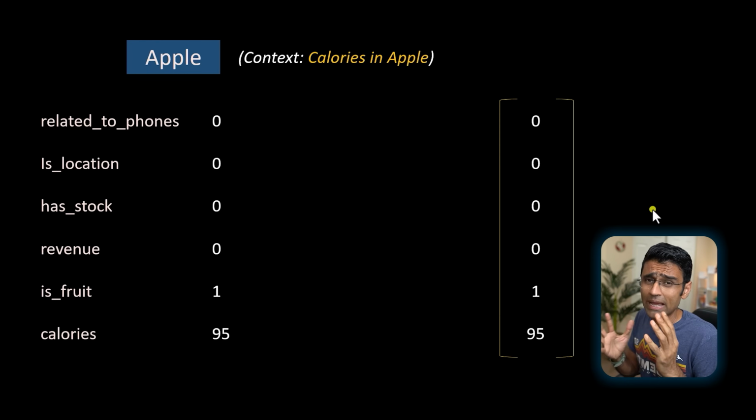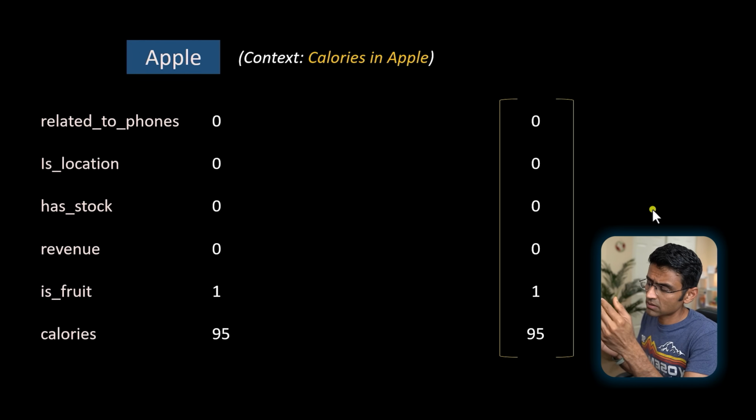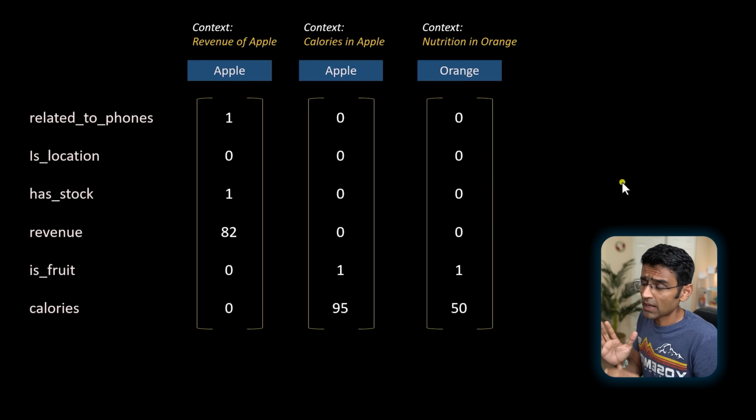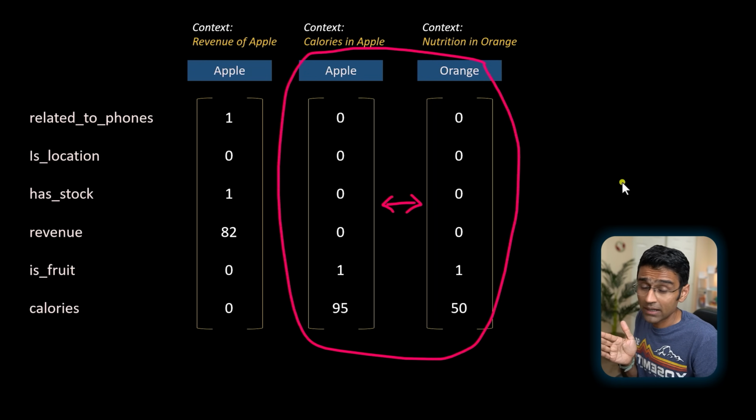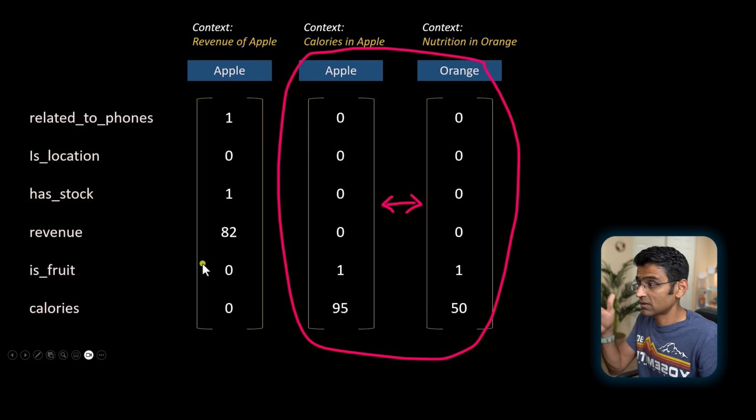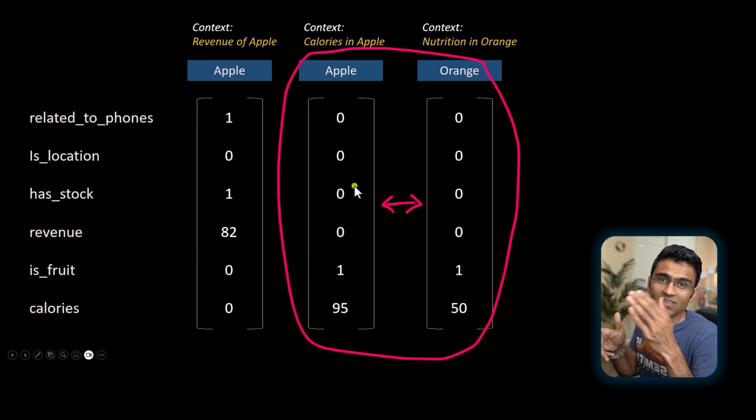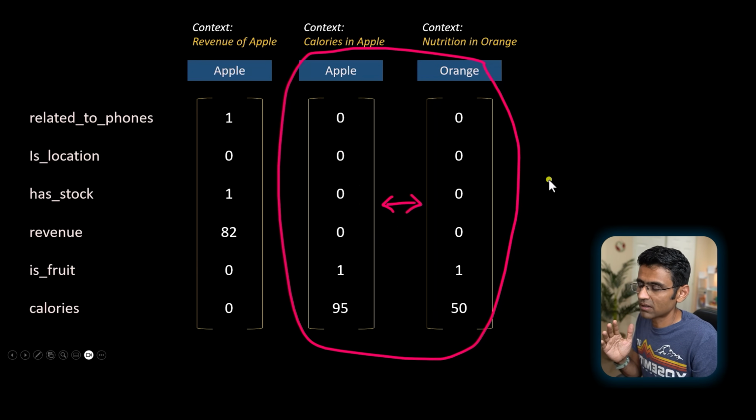If you're talking about apple, the fruit, then the embedding might look different because the values of these properties are different. And when you have the embeddings for different words, looking at the embedding, you can say that the second apple and the word orange are similar because look at their values, they're matching. Of course, there are some values which are not matching, but compared to the first vector, the second and third vectors are kind of similar.